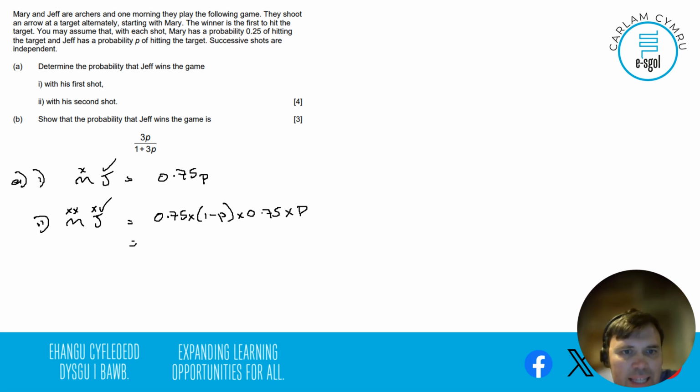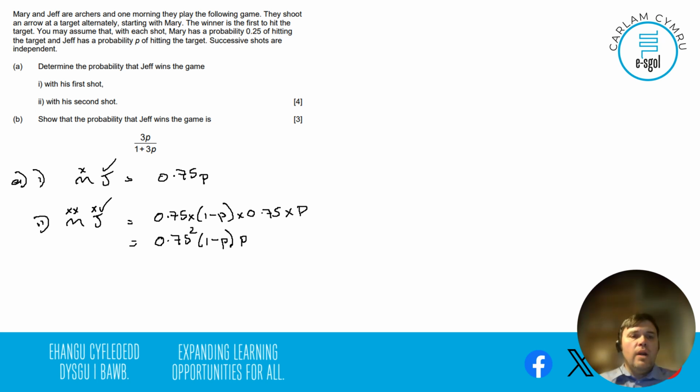If I tidy that up, I'm not going to expand it because I want it to be kept so that you can see what's been added to it each time. That would be 0.75 squared, 1 minus p, and then you would have p. Show that the probability Jeff wins the game is, and then you have got that.